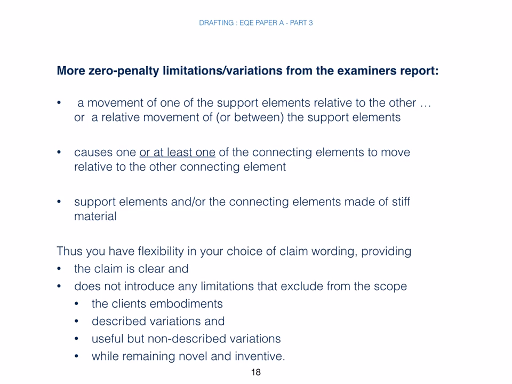So the zero penalty limitation means you must aim for a claim which meets these criteria, and you have quite a lot of possibility to choose your terminology without losing any marks.